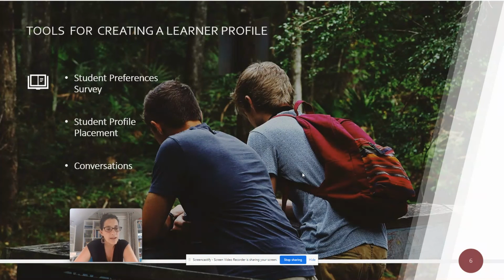Tools for creating a learner profile would be a student preference survey, maybe student profile placement, and of course, just conversations, good old conversations. Maybe taking a minute during homeroom time to connect with one student per day, where you sit down and have them connect with you in some way.